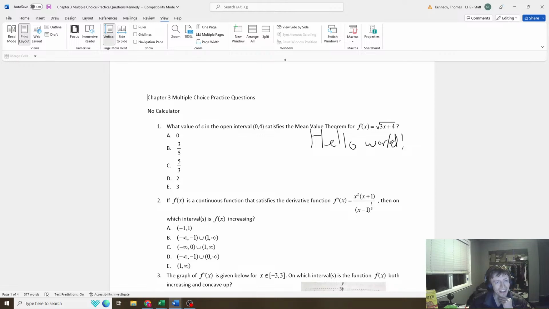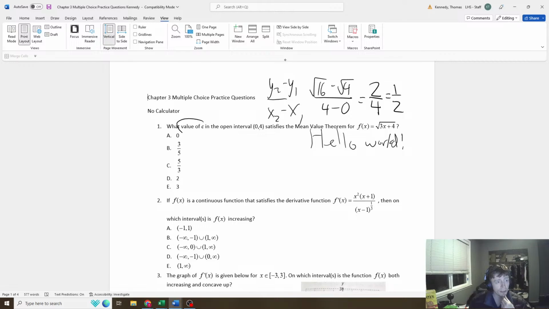So for these questions, what we do is we do y2 minus y1 over x2 minus x1. And if we plug in 4 and 0 into this function, we get the square root of 16 minus the square root of 4 over 4 minus 0, which is 2 over 4, which is a half.